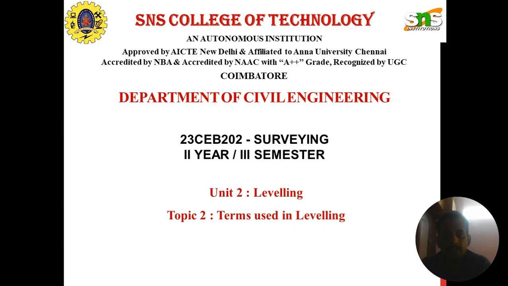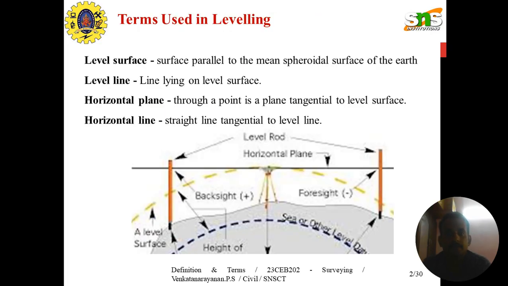In continuation to the last video, in today's video lecture series, I am here to discuss the topic various terms used in leveling. If you consider this diagram, we have kept a leveling instrument on the surface of the earth.